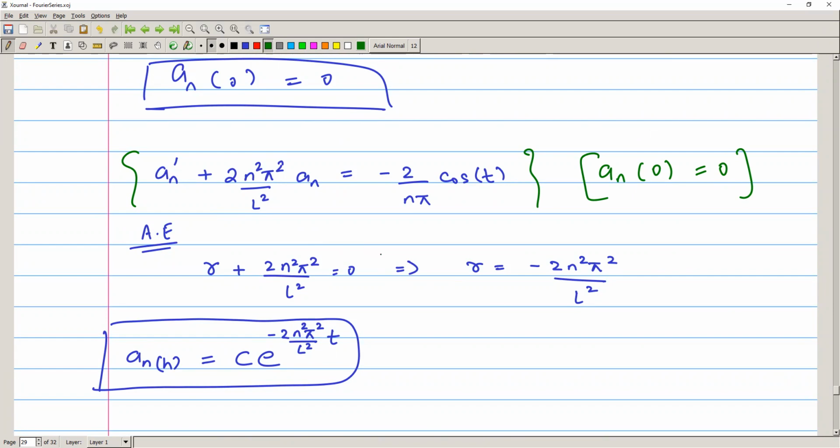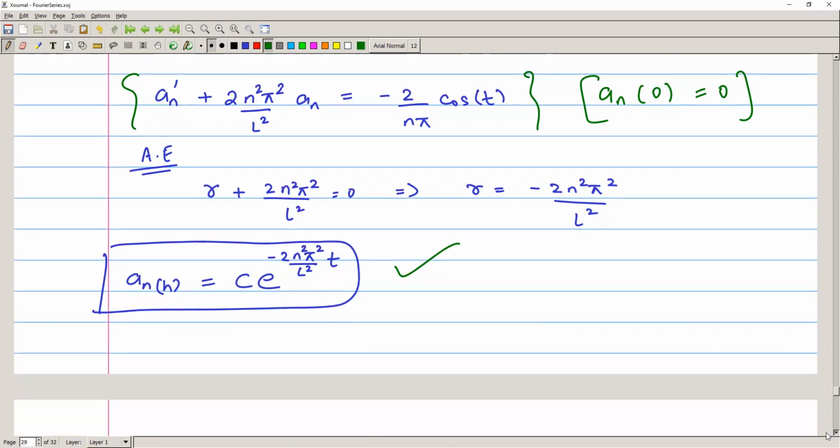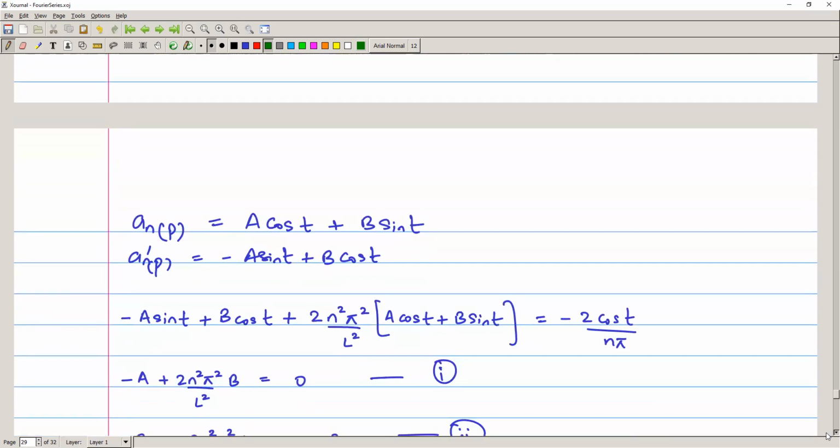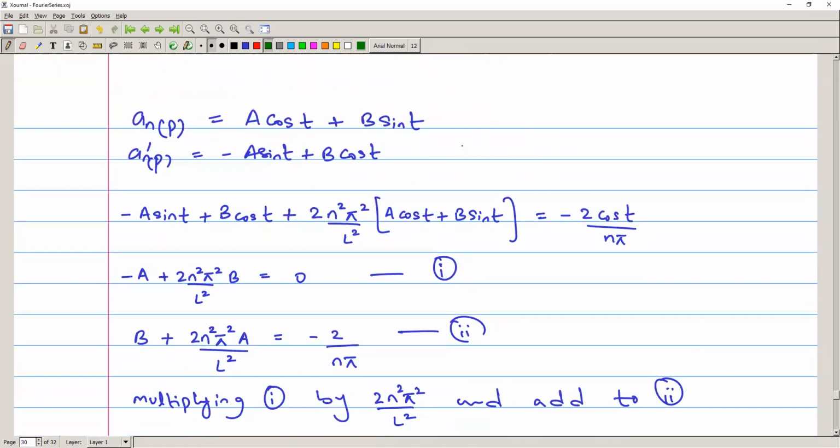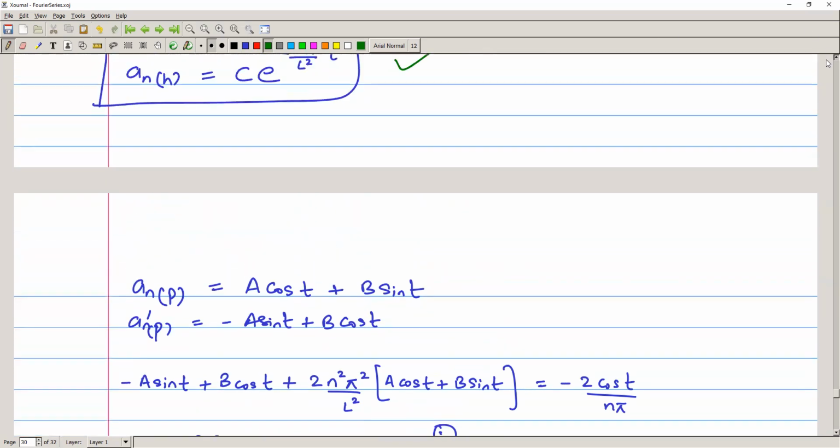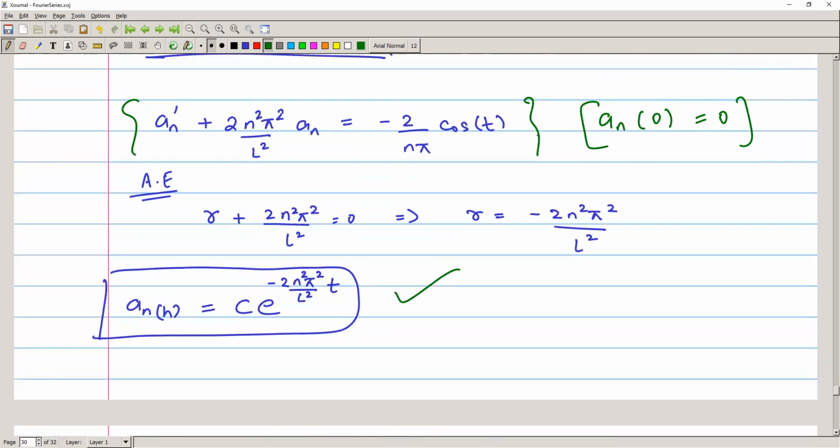We will use the auxiliary equation and the particular solution. Therefore, this is the auxiliary equation. From this equation, we found the homogeneous solution. Then for the particular solution, we are going to assume a particular solution compatible with the given function on the right hand side, that is cosine t.